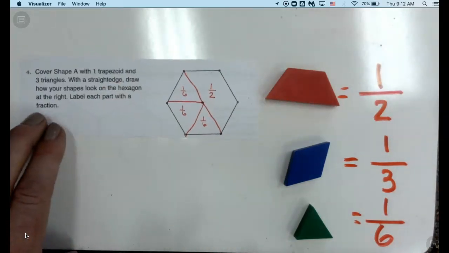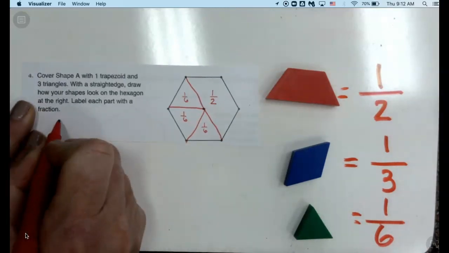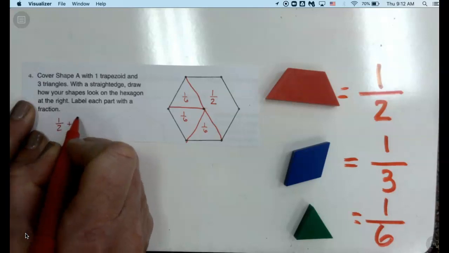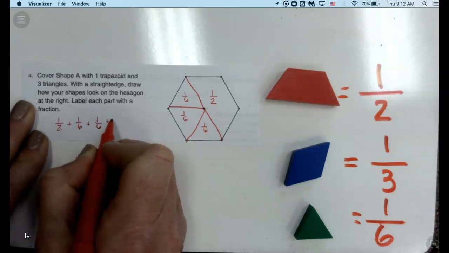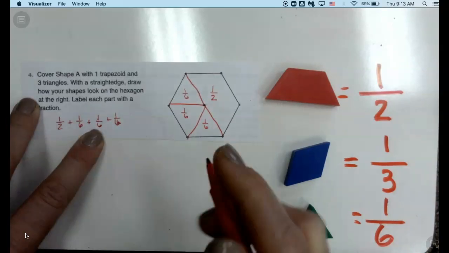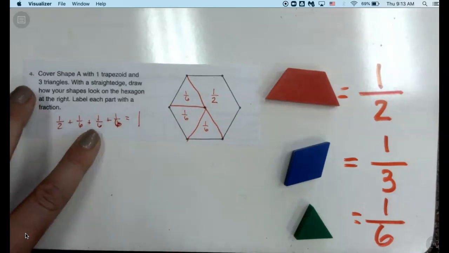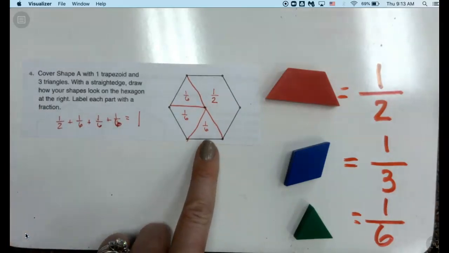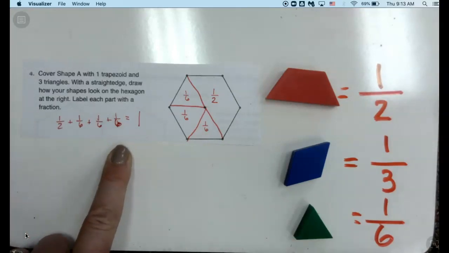If we use a decomposition or an addition problem here, we could say that 1/2 plus 1/6 plus 1/6 plus 1/6 equals 1 whole, right? Because that is our whole. So 1/2 plus 1/6 plus 1/6 plus 1/6 equals 1 whole.